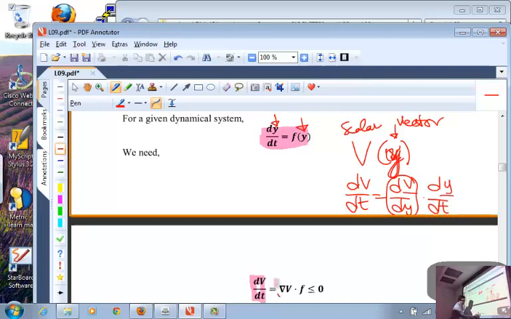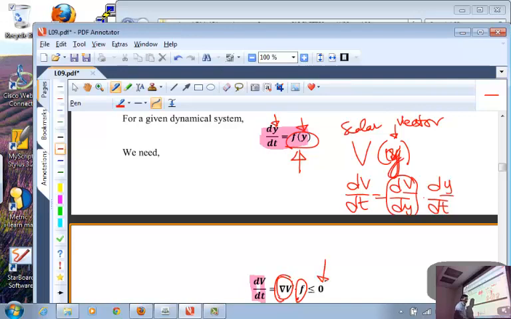That's what this gradient of v is. Okay, so that is a vector, and so you're dotting it with the dy dt, but dy dt is the same as f from the original equation. Okay, so this is how you test whether a particular system is stable, by knowing what that f is. From that f, you construct this quantity, gradient of v multiplied by f, and check whether that is negative definite.